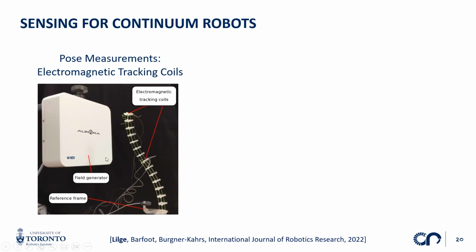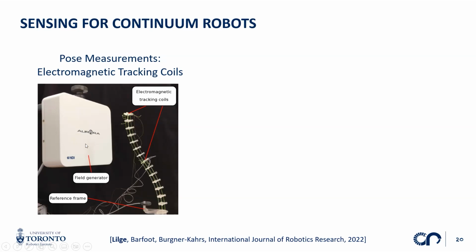The idea is that I have some field generator that generates an electromagnetic field that changes over time, and then I have some passive coils in which this magnetic field will induce a current. By measuring the current and how it changes over time, I can compute how these coils are positioned and oriented with respect to this field generator.